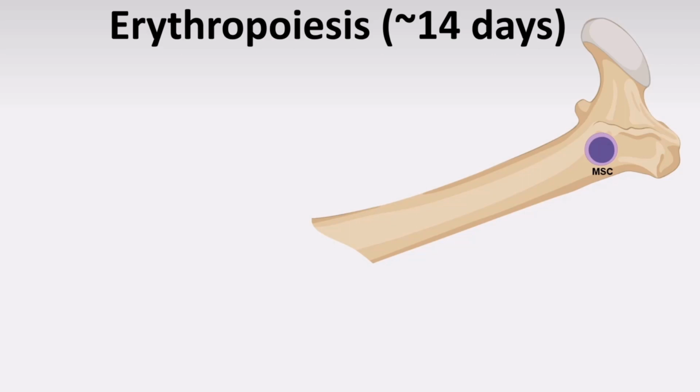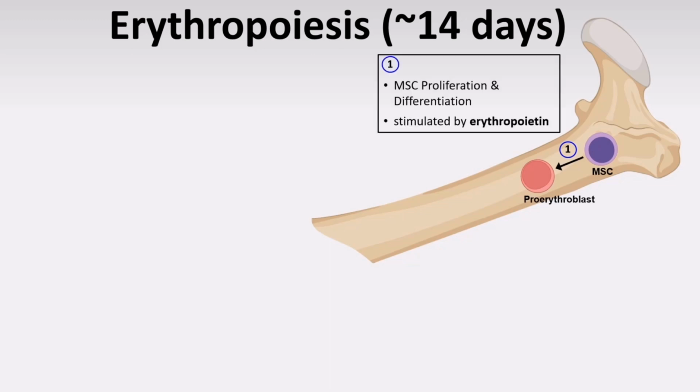The first trigger that stimulates the process of erythropoiesis will be the differentiation and proliferation of the myeloid stem cell into pro-erythroblasts. And this process requires erythropoietin. Upon stimulation by erythropoietin, a growth factor, that's when your myeloid stem cell starts to proliferate and differentiate into your pro-erythroblast.